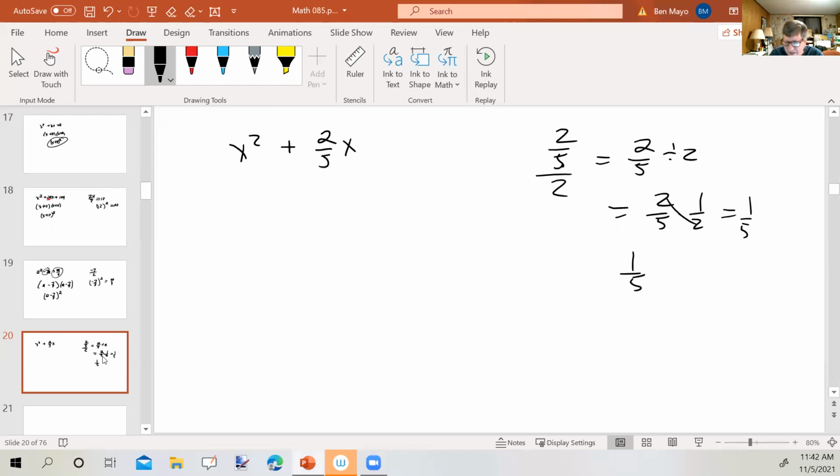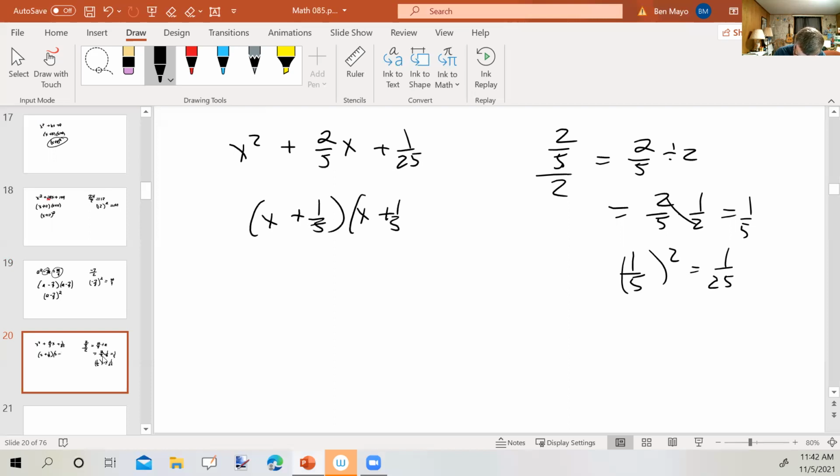Or you could just say half of 2/5 is 1/5, if you can see it that way. Then we're going to take that and square it, and we get 1/25. So this becomes x plus 1/5 times x plus 1/5, or x plus 1/5, the quantity squared. And again, we've created a perfect square trinomial.